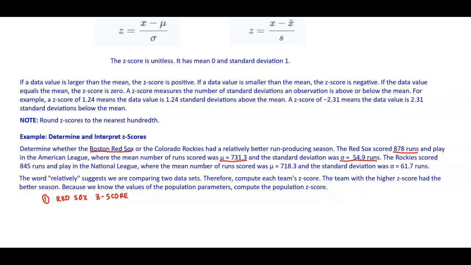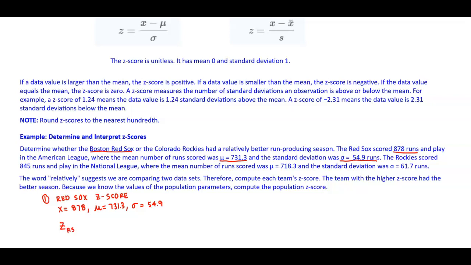What is the information that we need to know? The data value x equals 878, the population mean is 731.3, and the population standard deviation is 54.9 runs. We're going to call this Z-score, with RS for the Red Sox.